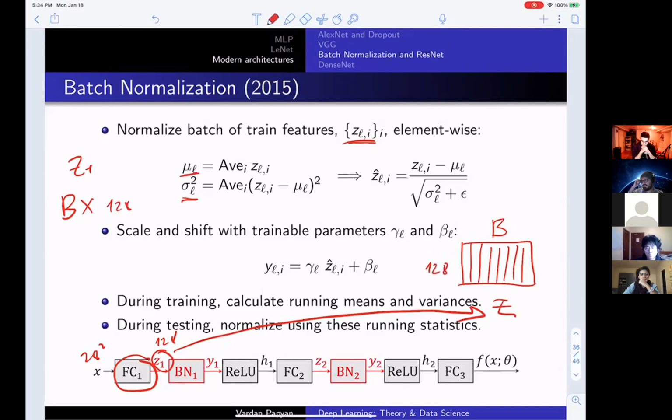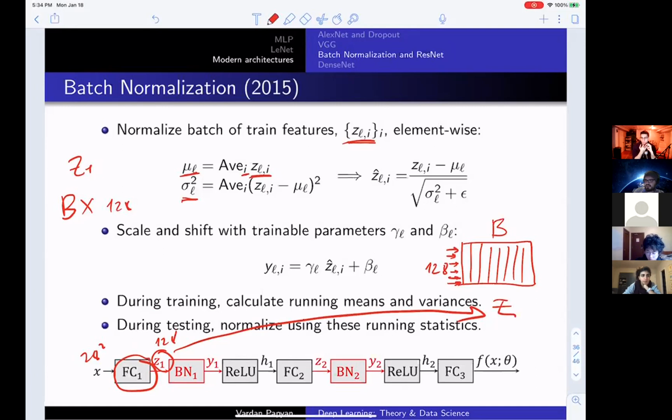Now, they said, let's define a mean and a variance, which are calculated across the batch for each one of these rows. So here's the mean: you take all of these Z and average over i, which is the index of the image in the batch, and you get a mean, and you do the same thing for the variance.